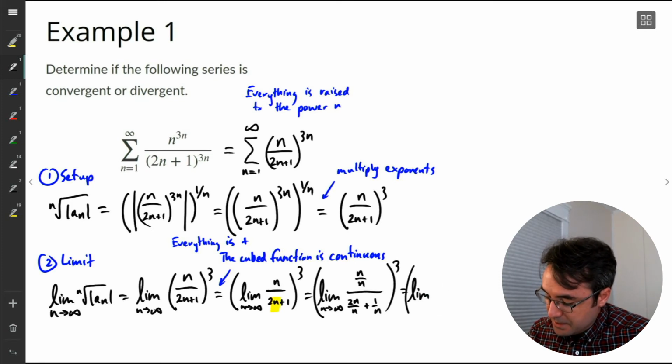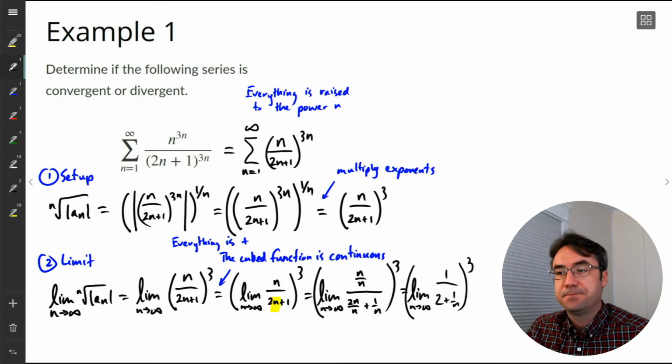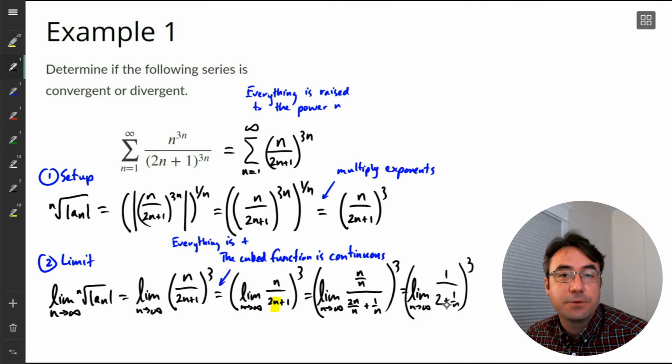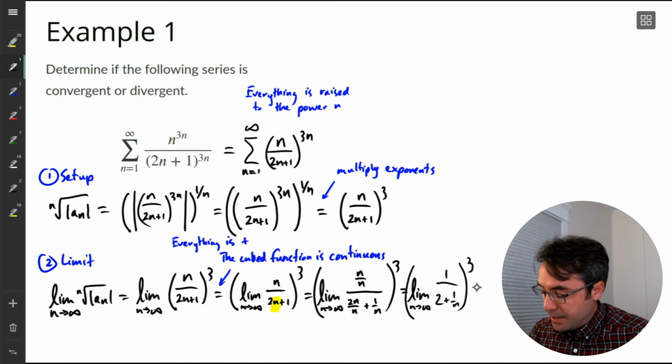And it's still inside the cubed function, so we get 1 over 2 plus 1 over n, as n goes to infinity, all cubed. And then actually calculate the limit, and we know this 1 over n term goes to 0. That's our c over infinity form. So this ends up being 1/2 cubed.